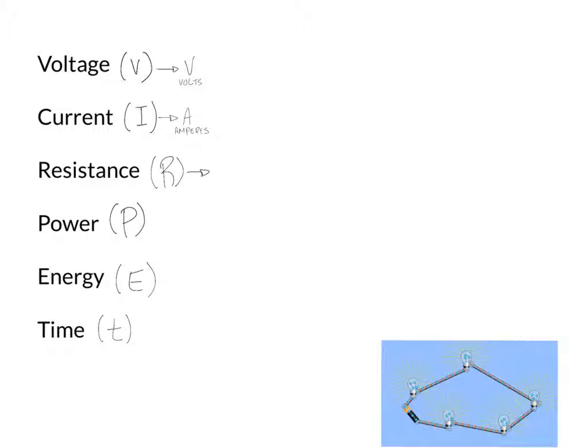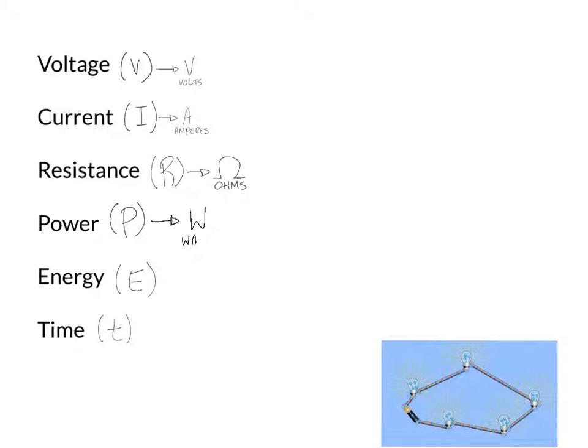Resistance is measured in something called ohms. And this symbol is kind of interesting. It looks kind of like an upside down U. It's called an omega sign. And we use the unit ohms to measure resistance in a circuit. Power is measured in something called watts.